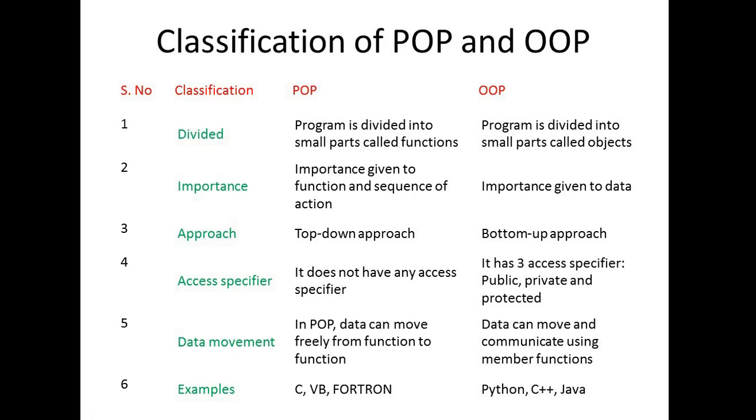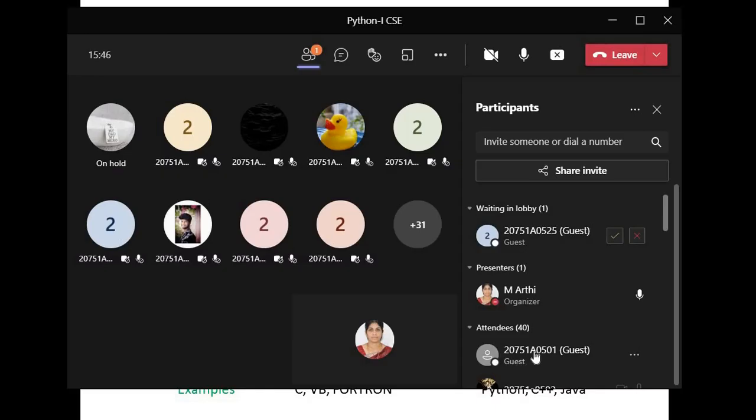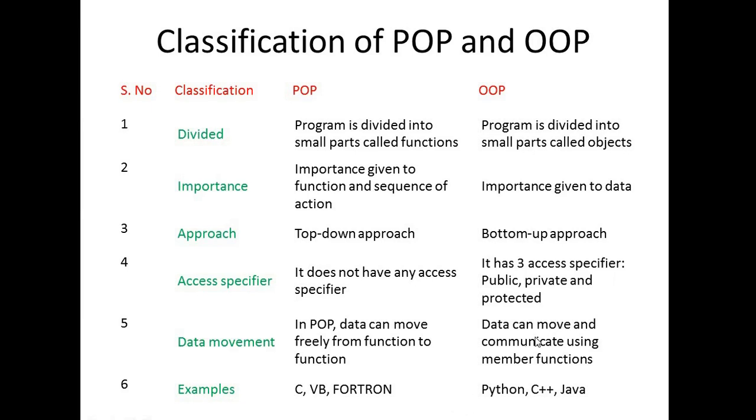Because the data is separate and the functions created for each and every class will be separate, the data can be moved or communicated through the member functions only. And apart from that we have access specifiers also, right? So based on all those criteria only the data can be transferred.